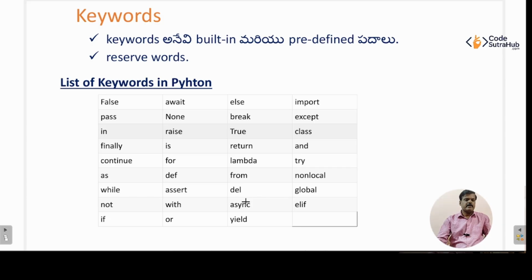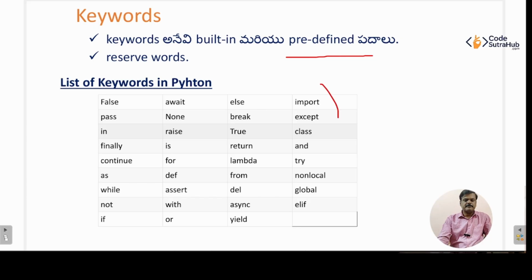Next, we will see keywords. Keywords are predefined words. That means the Python programming language defines the meaning of these words. These words are defined for a special purpose. We need to use these words only for that particular purpose.